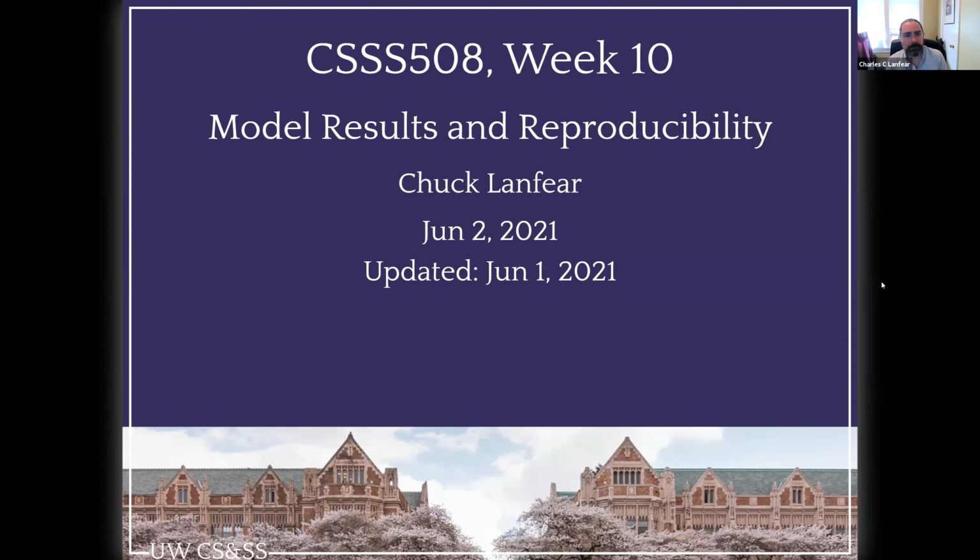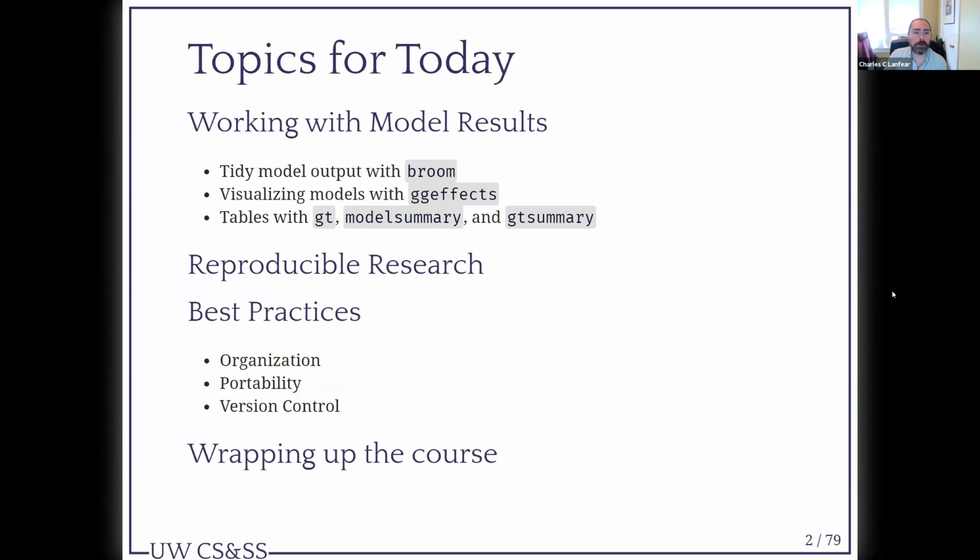Other than that, we're gonna wrap up today with some mostly fun and useful stuff. What we're gonna look at today is a bunch of different things. I'm going to start by talking about working with model results. We showed you a little bit of working with model results way back in week 6 with the loops, and we extracted some stuff, did some cross-validation and things, but that was some nuts and bolts stuff.